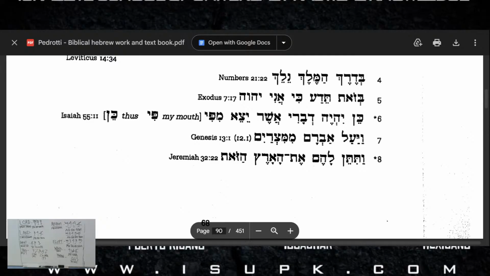In the English, Jeremiah 32 and 22: "And has given them this land which thou didst swear to their fathers to give them, a land flowing with milk and honey." It's not the land of milk and honey. It's the land flowing with milk and honey. Meaning cattle and, what is that called?